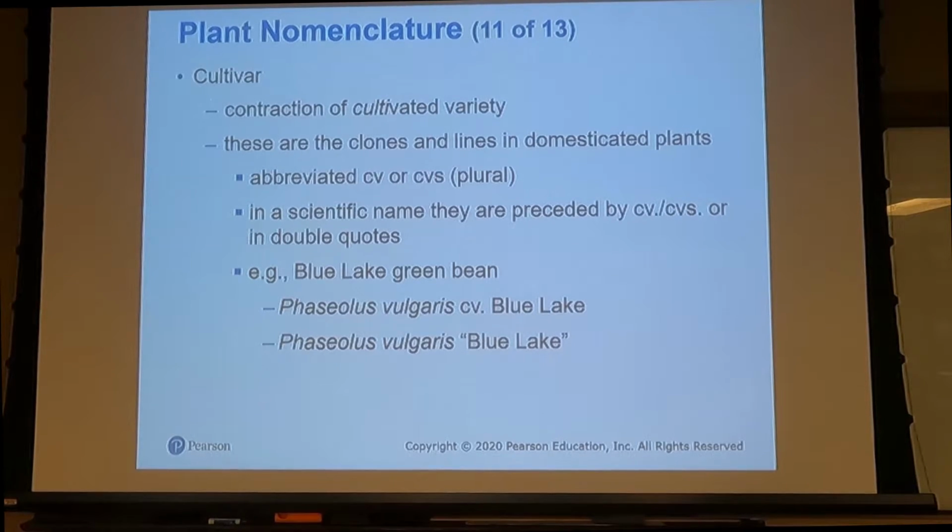A cultivar, as we mentioned before, is clones or lines of domesticated plants. Remember that lines are produced from seed, clones are produced from cuttings or some asexual propagation, and they are typically preceded by some CV. So we have Phaseolus vulgaris, Blue Lake cultivar.